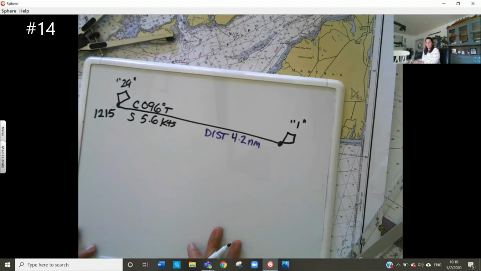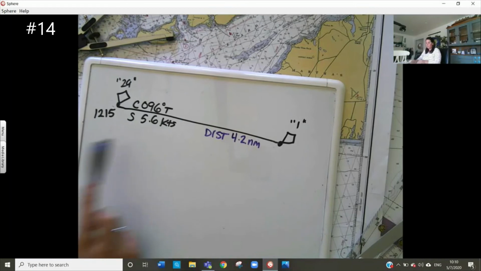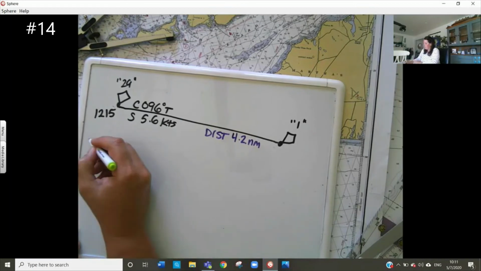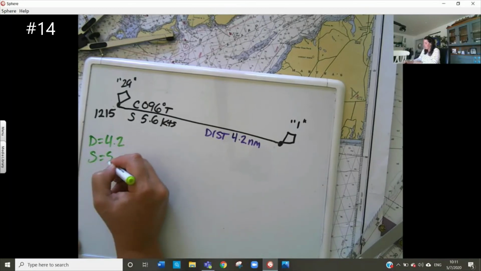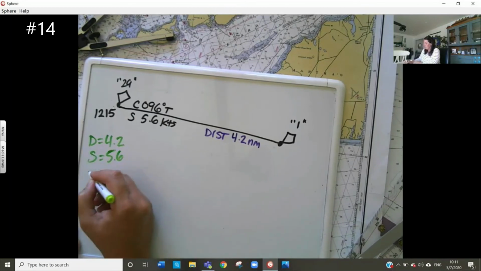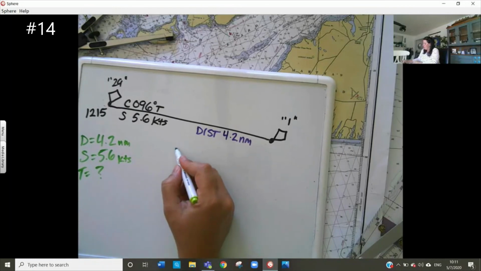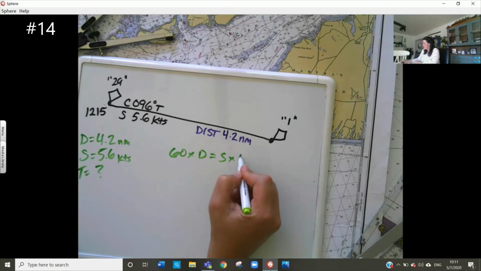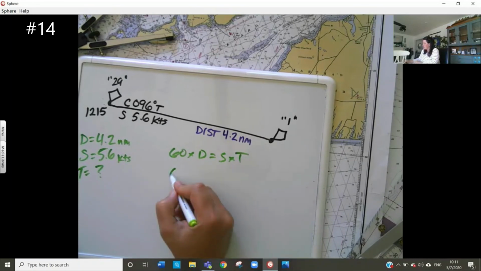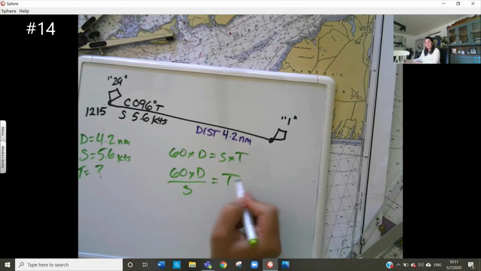So now I can calculate what my ETA is using my distance and my speed. So I have distance of 4.2, speed of 5.6, and my time, my ETA, is my question. So I have 60 D equals S times T. I'm looking for T by itself, so I get 60D divided by S gives me T all by itself.